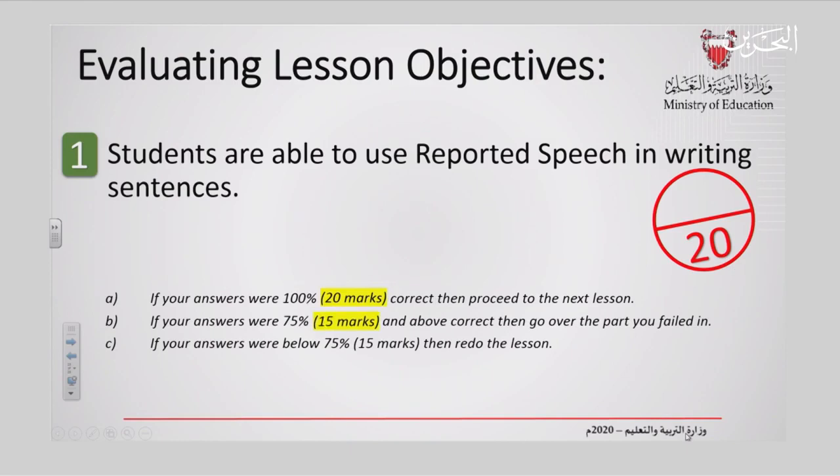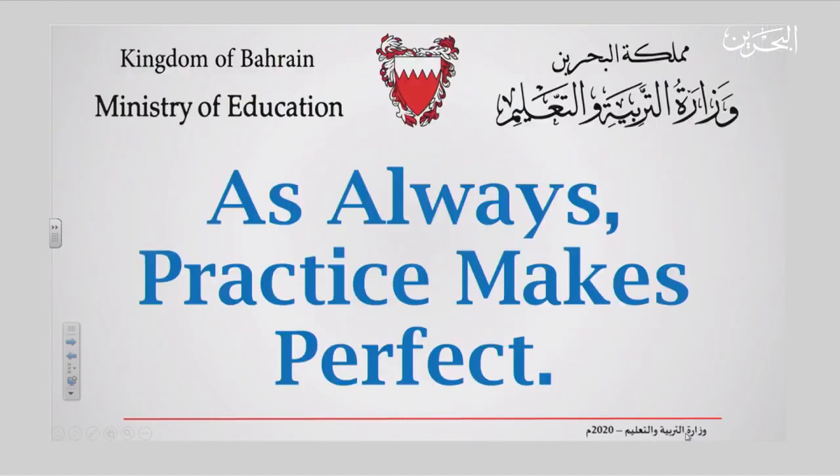If you have 75% or above, that means 15 marks or more, then go over the parts you failed in and redo that. If you have lower than 75%, that means below 15 marks, then redo the whole lesson.